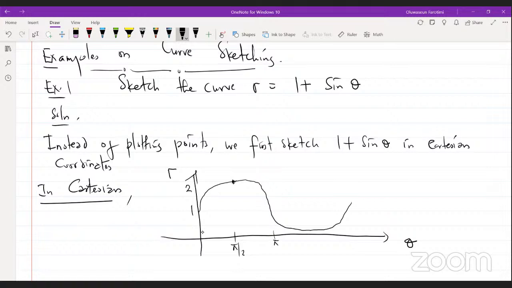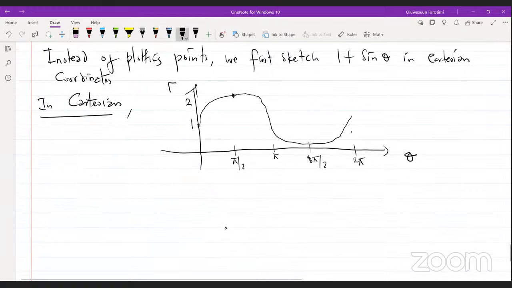This guy is my pi. Over here I have 3 pi over 2. I have my 2 pi. Okay, what is sine of 2 pi? Sine of 2 pi is 0, right? 1 plus 0 is 1. So that's why you have this guy here. So you're doing 1 comma 2 pi. It's the same way you do the basic curve sketching.